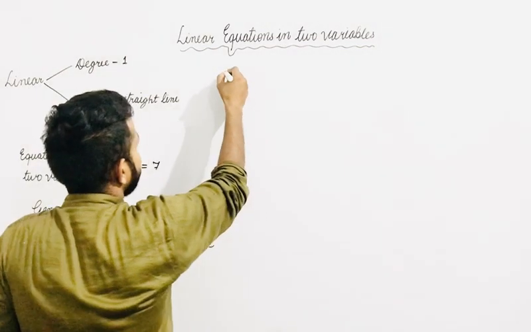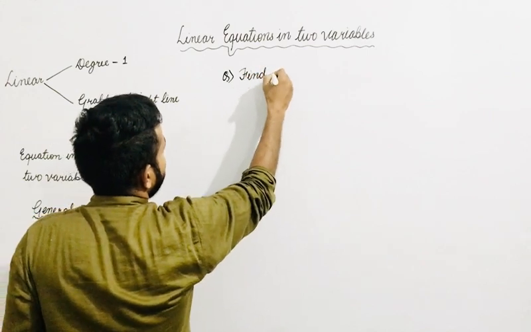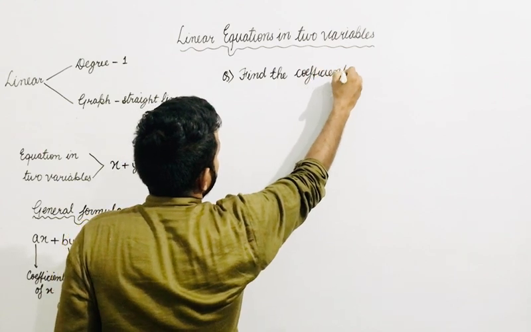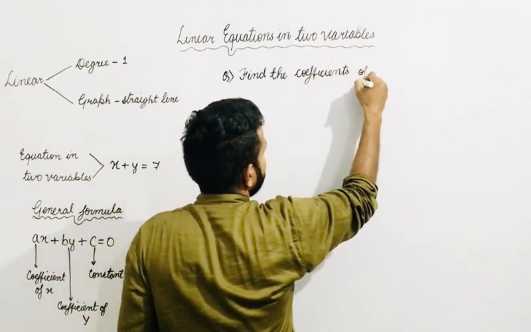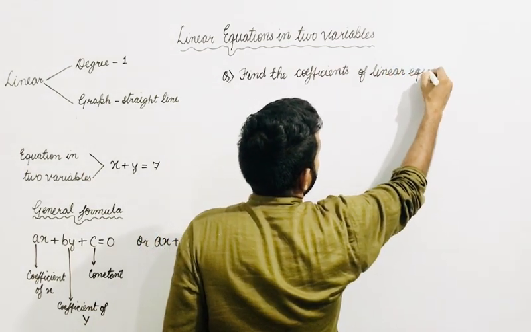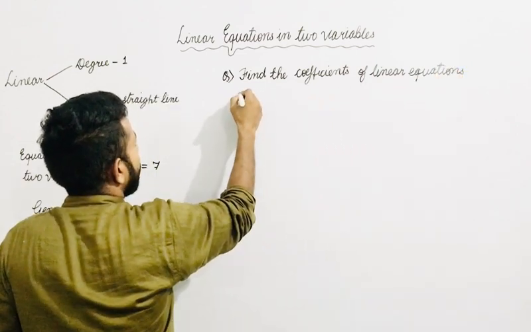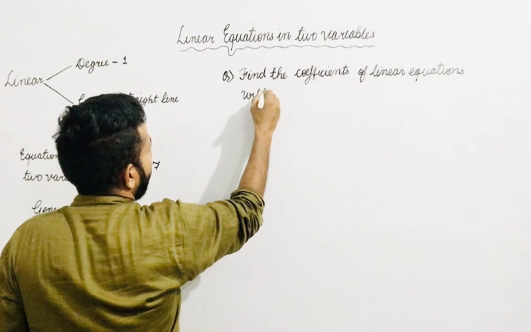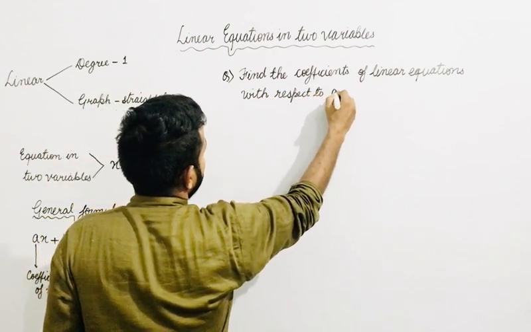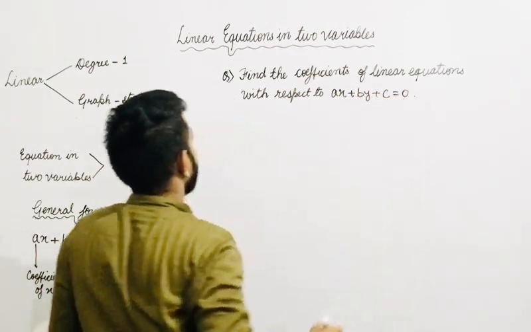For example, find the coefficients of linear equations with respect to ax plus by plus c equals 0.